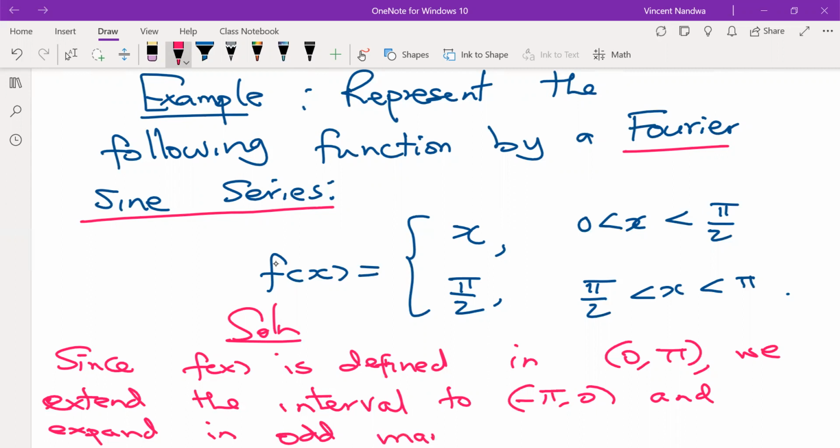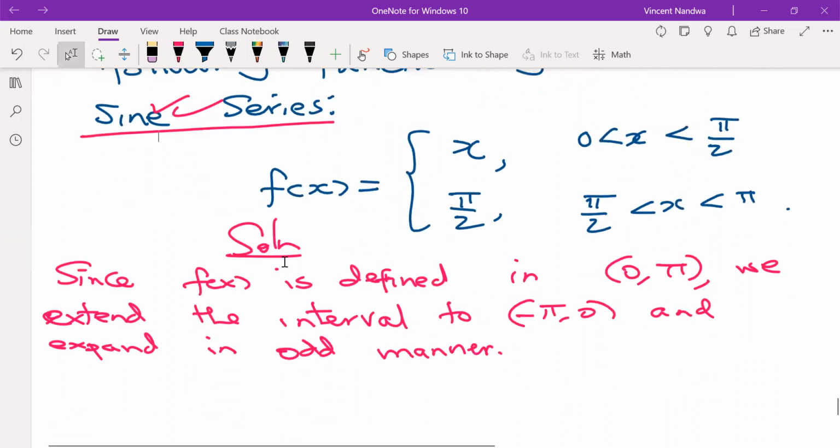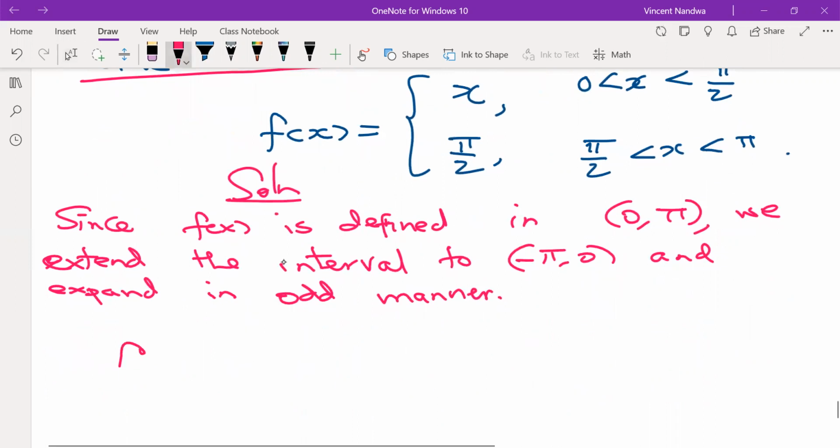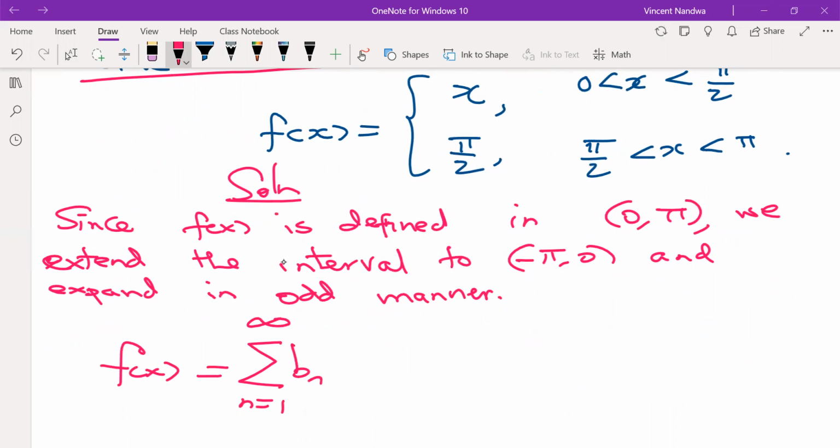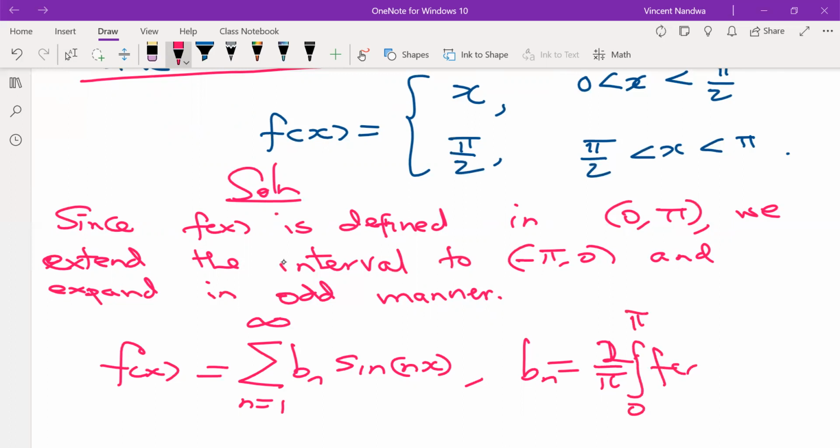Remember, odd manner is what results in a sine series, as specified by the problem. And we know that by definition, the sine series is given by summation n from 1 to infinity of bn sine of nx, where bn is 2 over pi integral from 0 to pi of f of x sine of nx dx, with n from 1 up to infinity.